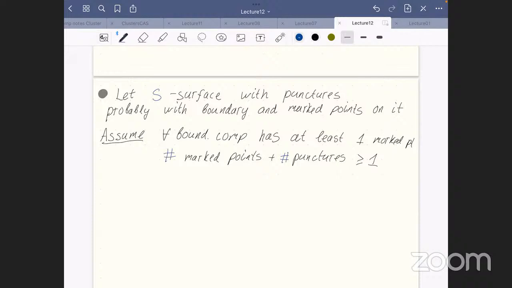And maybe I also assume that the Euler characteristic of the surface is negative. So I excluded a sphere with one puncture and a sphere with two punctures.